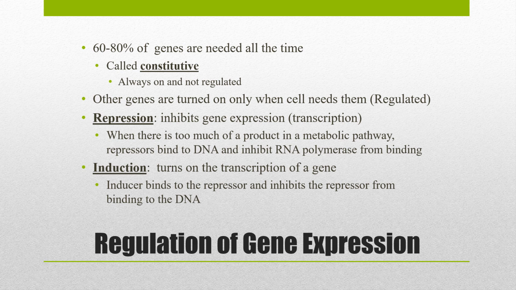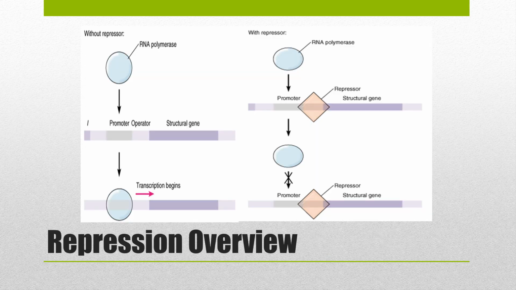Now on the next slide, we have a situation on the left without a repressor, meaning that we have gene expression occurring. There is nothing preventing the process of transcription from happening. On the right, we have a repressor. So remember, repression is that off switch.